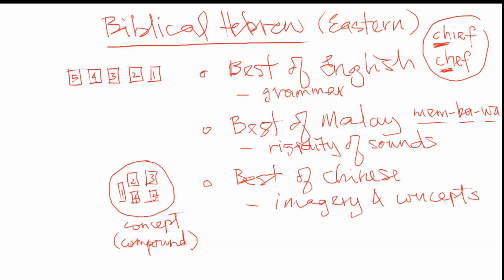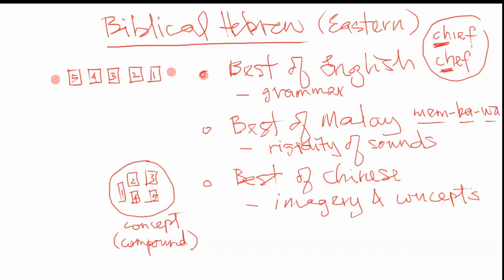Because it is lined up in a sequence, it allows itself to borrow from the best of English. Because now I can have grammar built into the words. I could put sounds in front, sounds at the back. I can rejuggle the sounds.